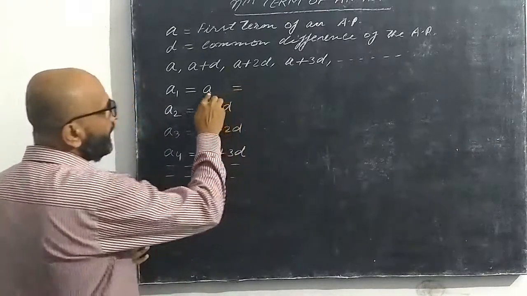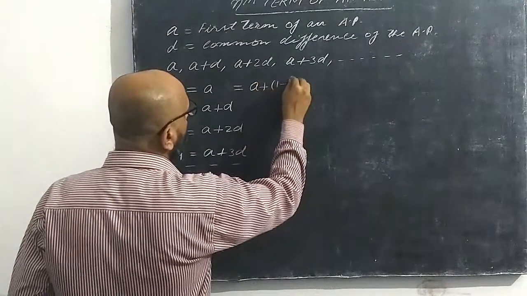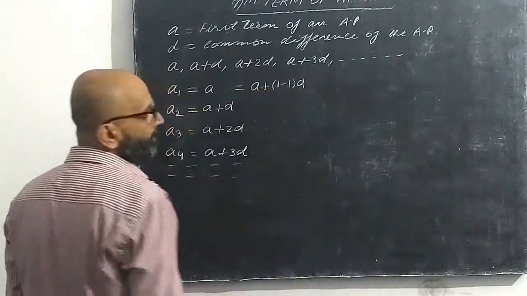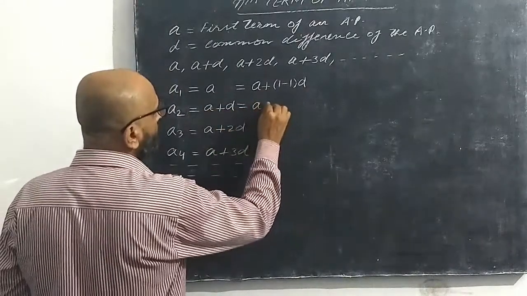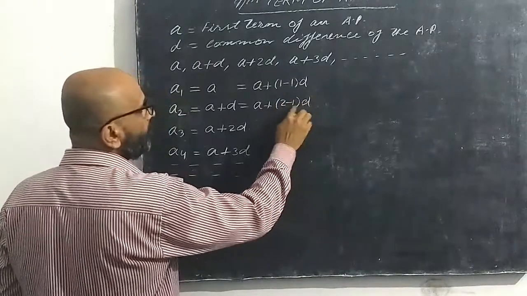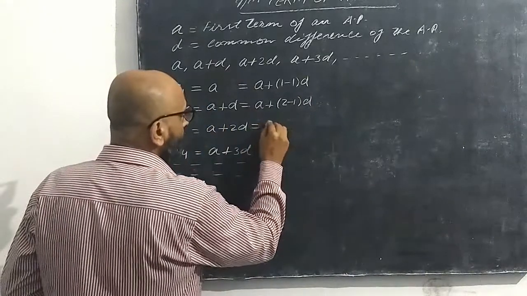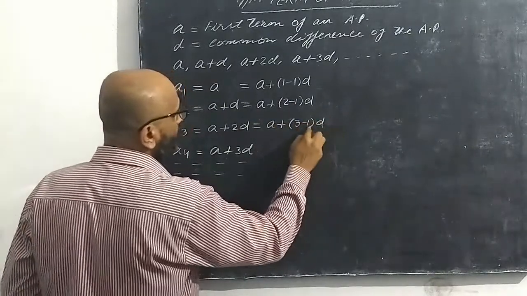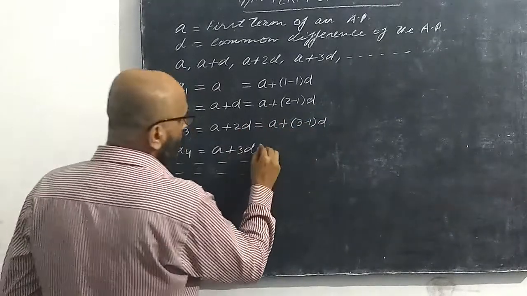Now, the first term A may also be written as A plus (1 minus 1) into D. As you know, 1 minus 1 is 0, and 0 into D is 0, so 0 plus A is A. In the same way, A plus D may be written as A plus (2 minus 1) into D. As you know, 2 minus 1 is 1, 1 into D is D, so we get the same A plus D. A plus 2D may be written as A plus (3 minus 1) into D, because 3 minus 1 is 2 and there is 2D, so we get the same A plus 2D.